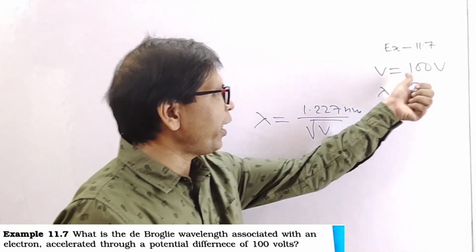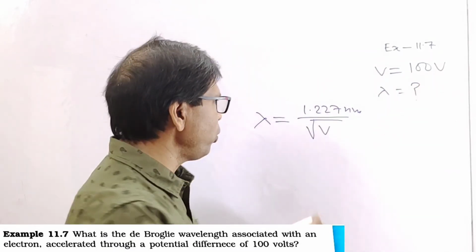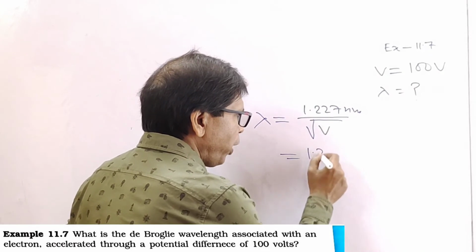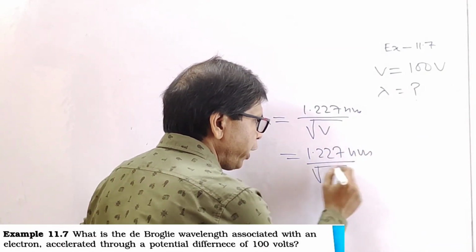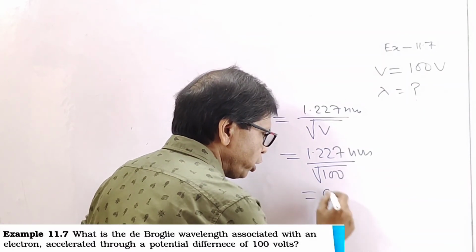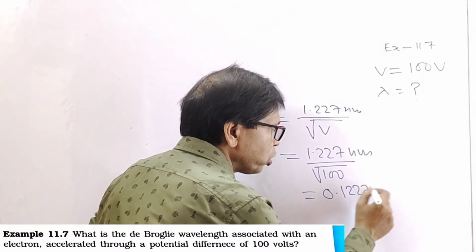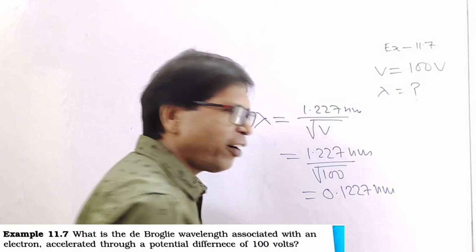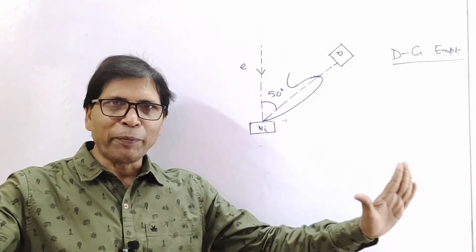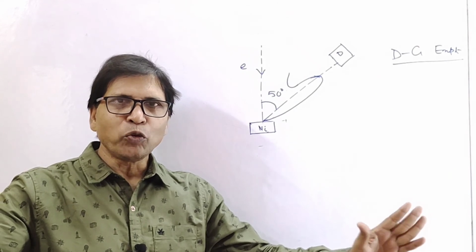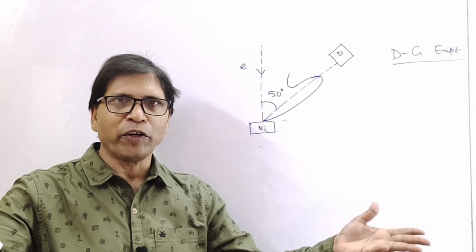Here the accelerating voltage is 100 volt, so 1.227 nanometer divided by root under 100, so this is 0.1227 nanometer. Okay, understood?